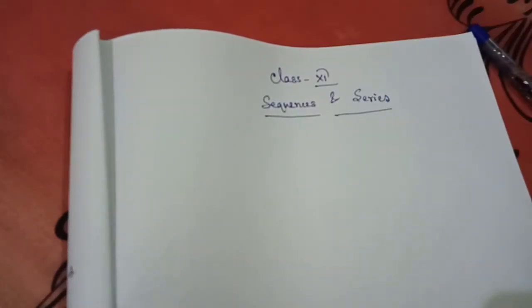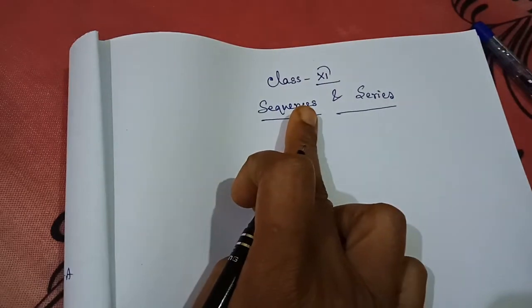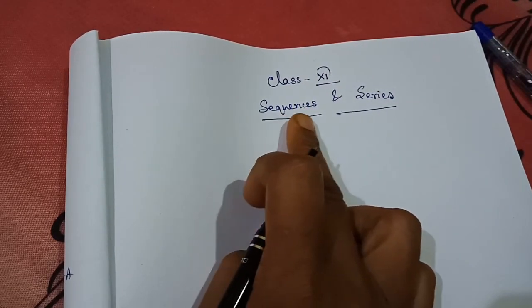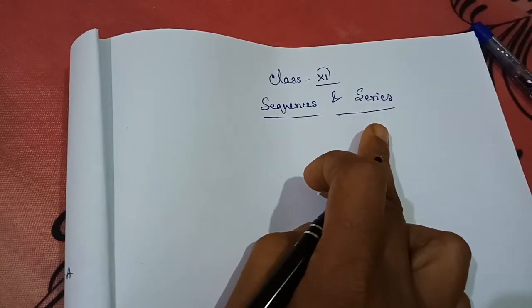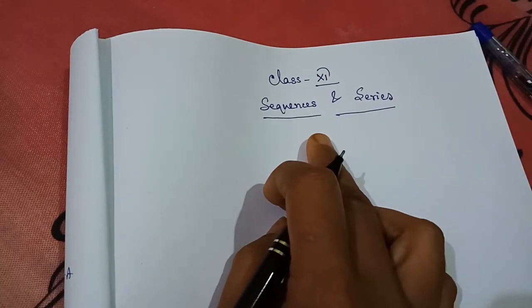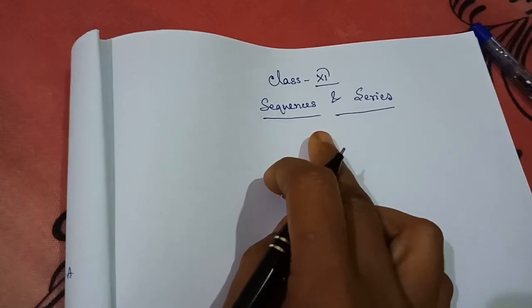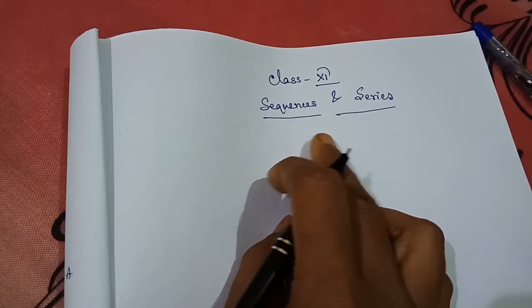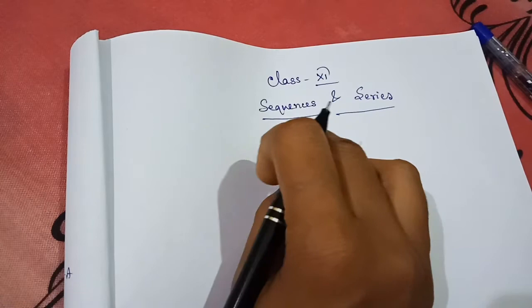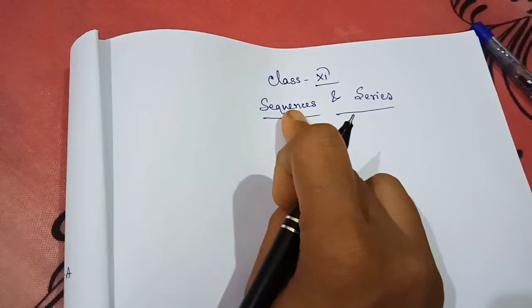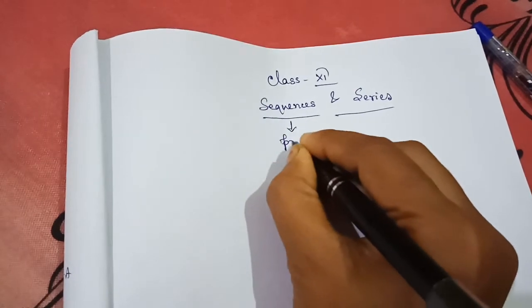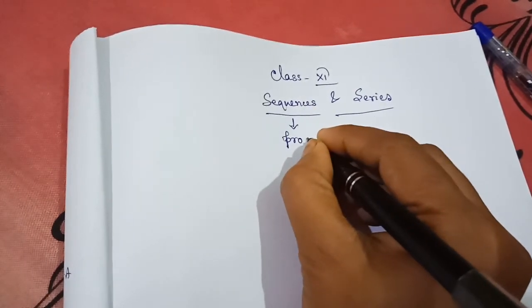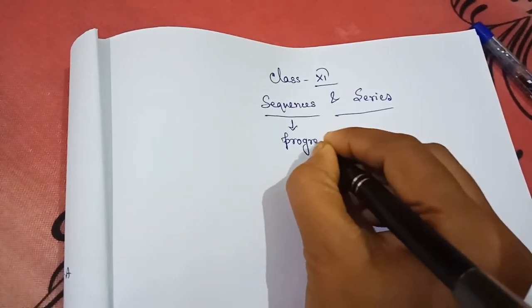Today I am going to discuss class 11's chapter, sequences and series. In this chapter we will study a particular type of function called sequences. A sequence, or you can say progression, any of these two terms can be used.